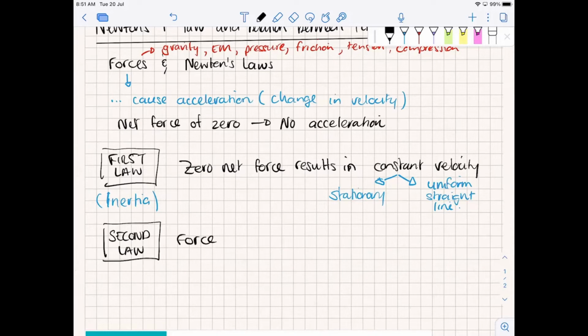I'm going to just say this. Force is proportional to acceleration. Okay. That's what Newton's second law is, right?